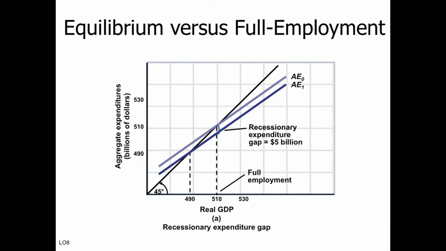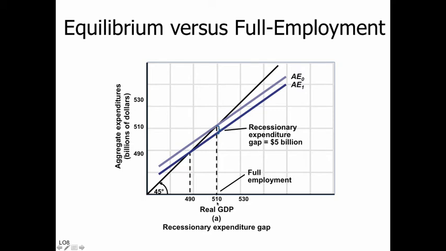worth of GDP. But we see you have the second spending line, this higher one, AE0, which represents the level of spending that would be required to get to this equilibrium here, which would put the economy at full employment.